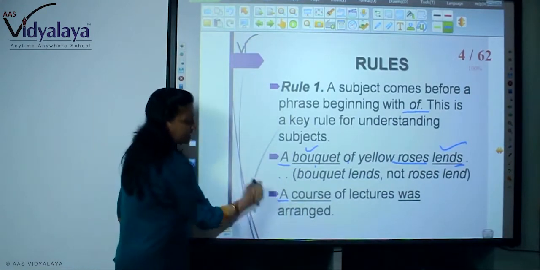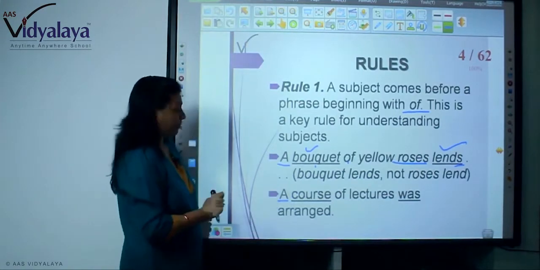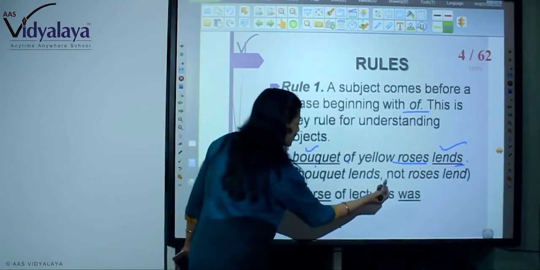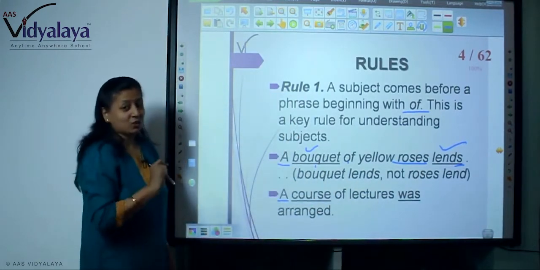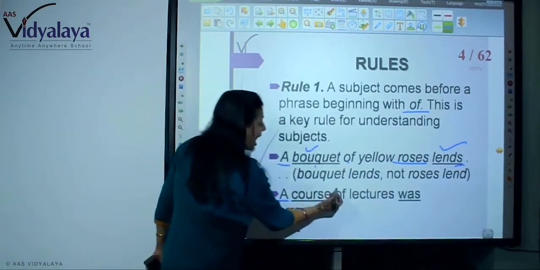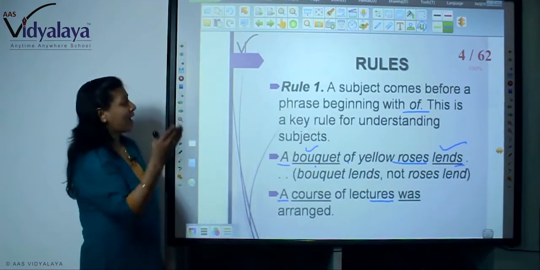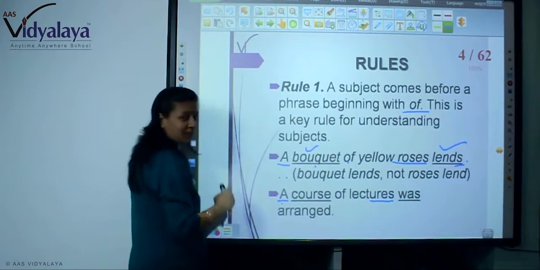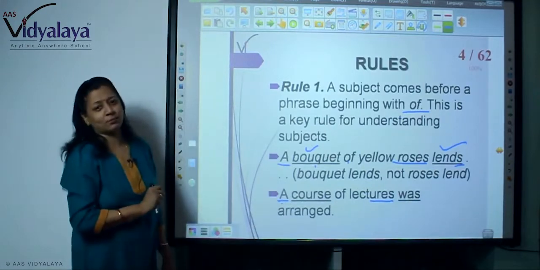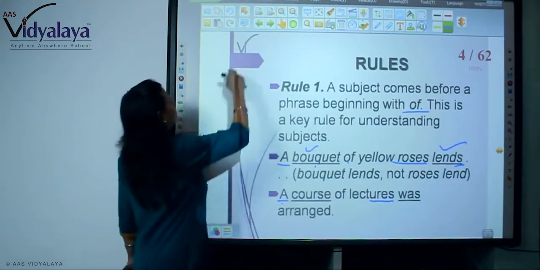With the article, you come to understand this is a singular thing. A course of lectures, that's why was arranged. It's not were, because after of it's lectures. But I have told you, as the rule says, before of whatever is there, that is your subject under consideration. I hope you have understood.